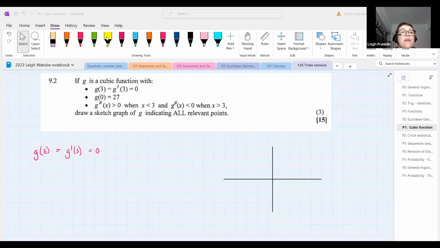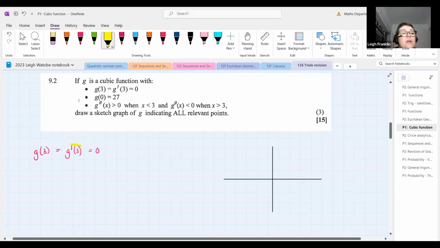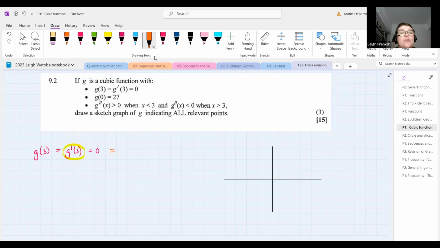All right, so if they're telling us that g prime of 3 is equal to 0, they're telling us that the gradient is 0 when x is 3. So this is information about a turning point. Okay, your gradient is equal to 0 at the turning points of your cubic function.